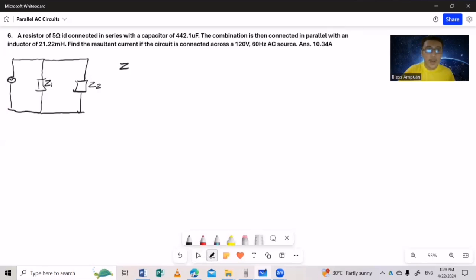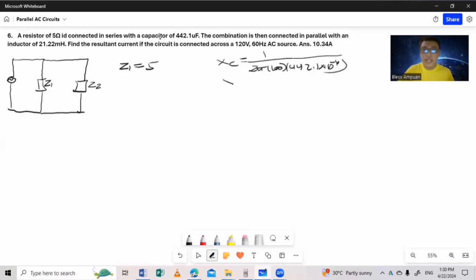The resistor and capacitor are connected in series, which means that our Z sub 1 is equal to 5 plus something. First we need to get our X sub C by using its formula. This is 1 over 2 pi times 60 hertz times 442.1 times 10 raised to negative 6.